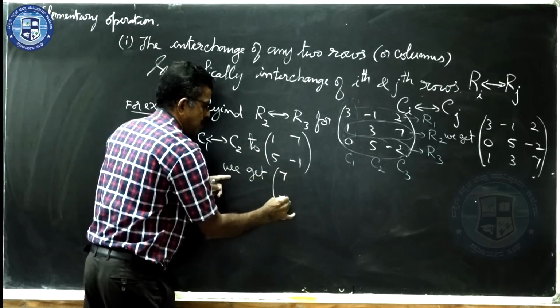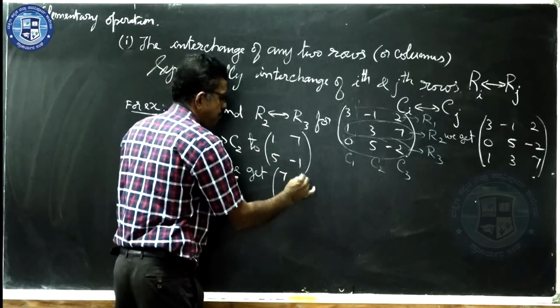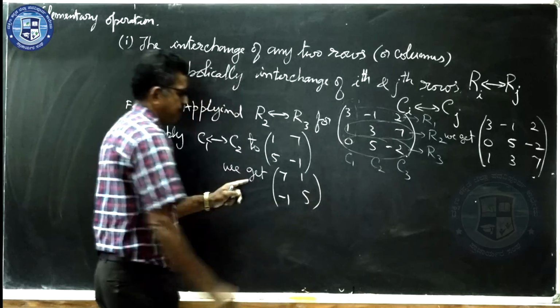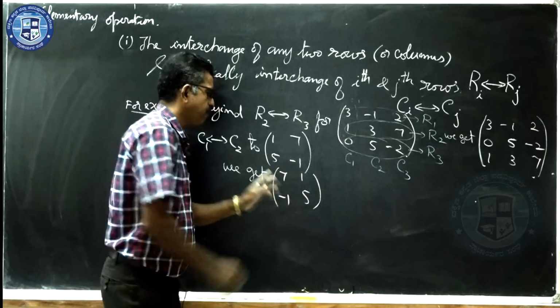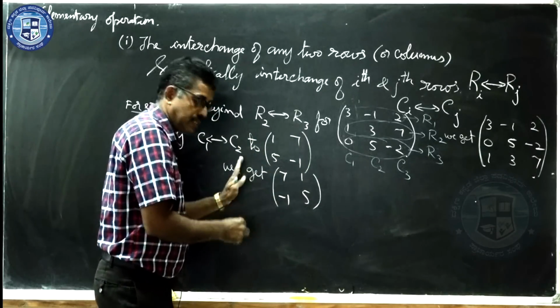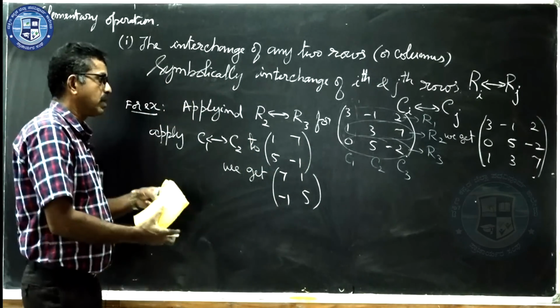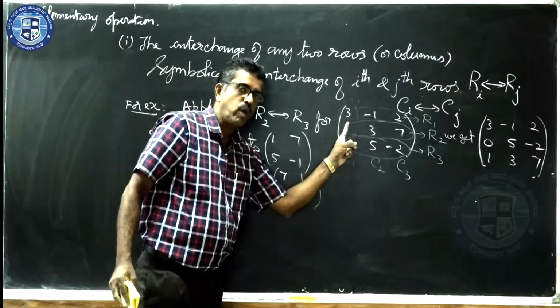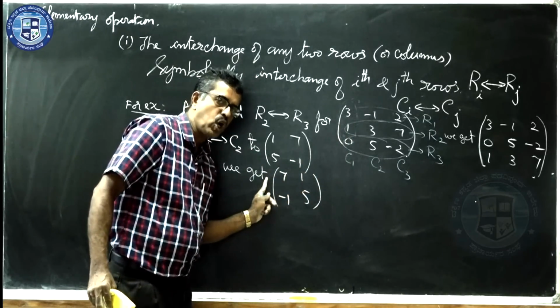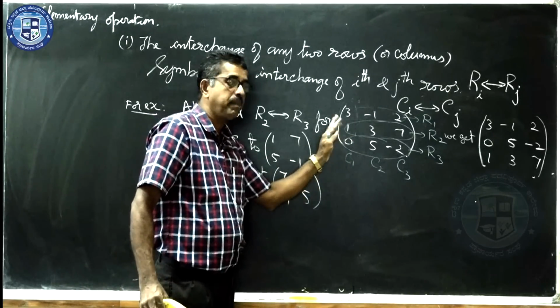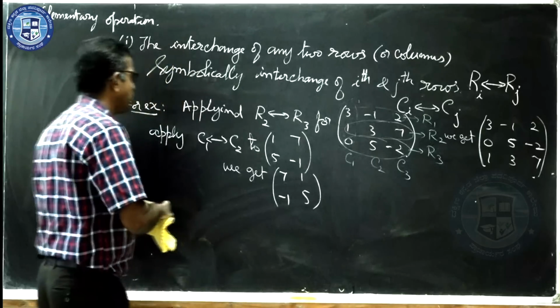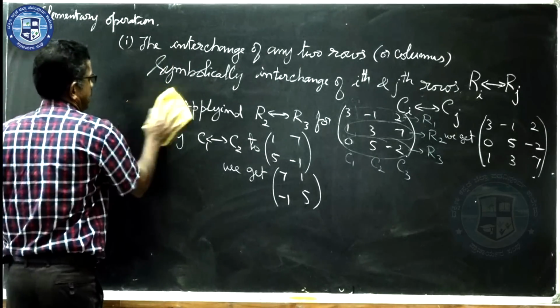We expect here 7, minus 1, 1, 5. So it will be interchanged. That is the first operation. This one is a row operation. Here I did a column operation. So we simply call interchanging any two rows or any two columns the first one.